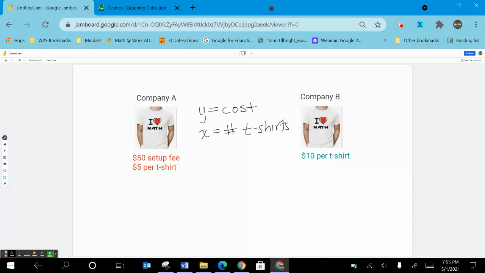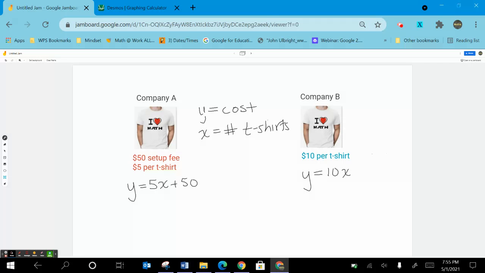At company A, the cost will be $5 times the number of t-shirts plus a $50 setup fee. At company B, the cost will be $10 times the number of t-shirts.